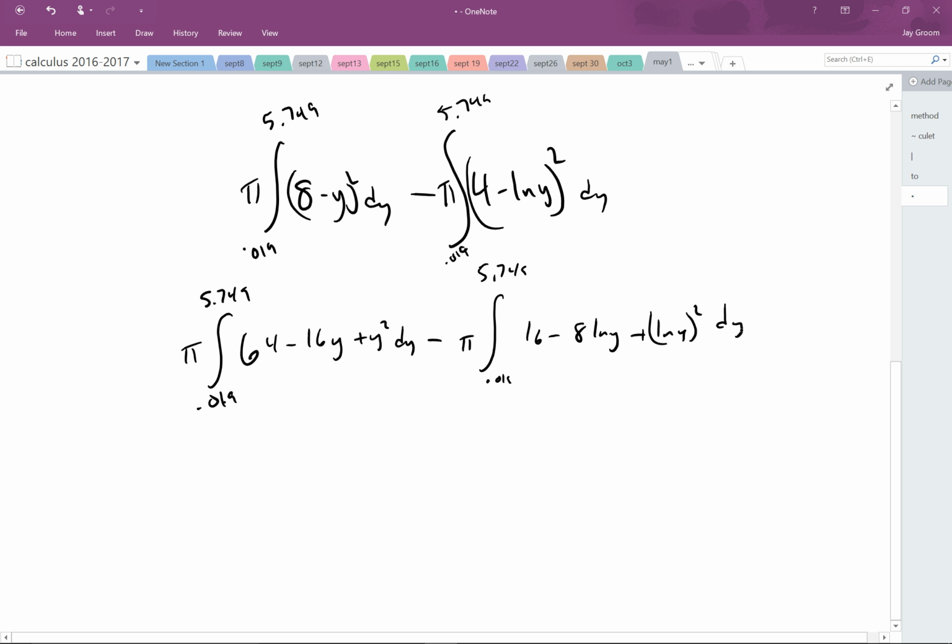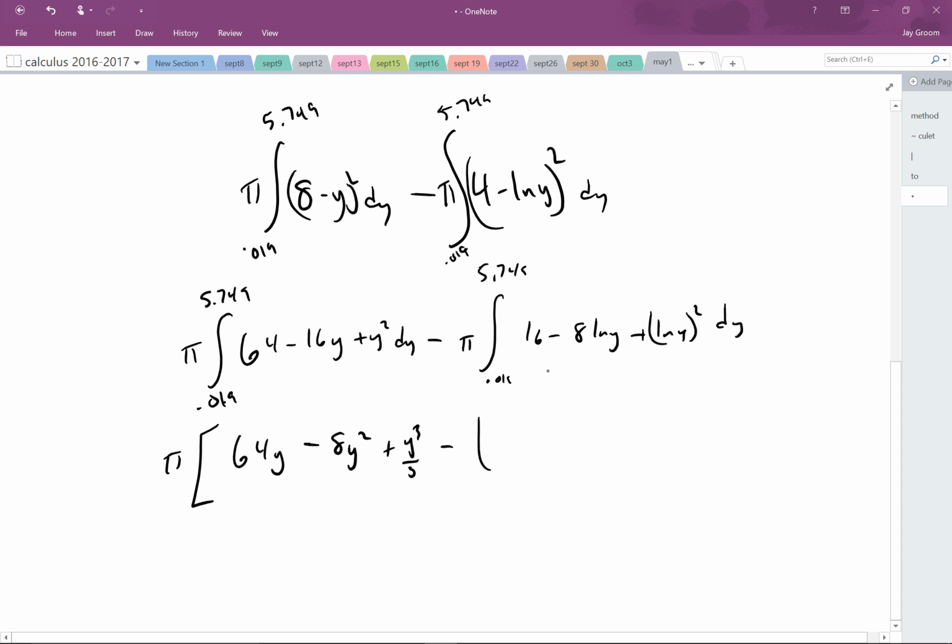That's cool. So this one over here is going to be 64y minus 8y squared plus y cubed over 3. Now, I'm just going to put a big pi out in front of the whole shebang, if that's all right with you.